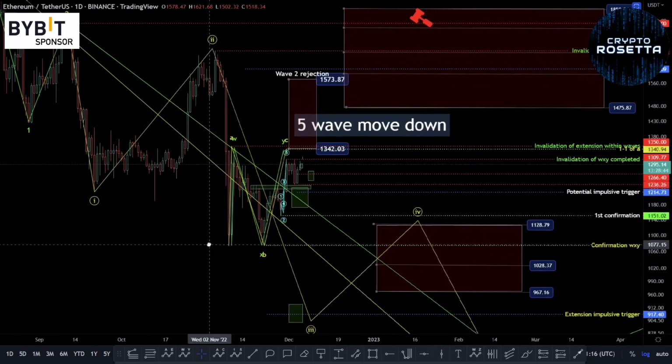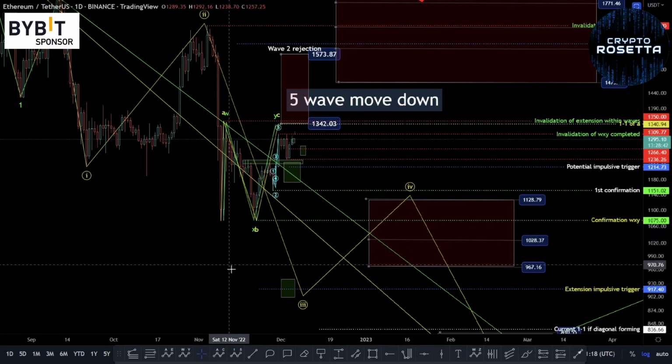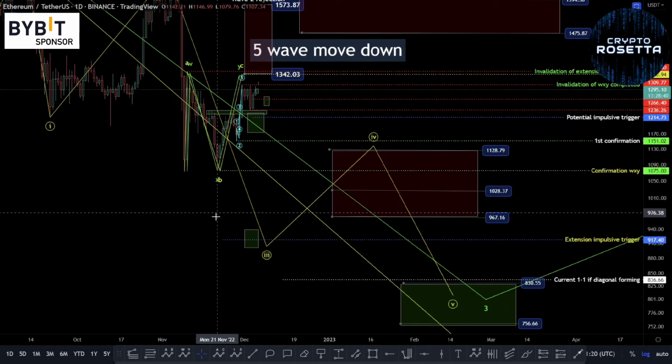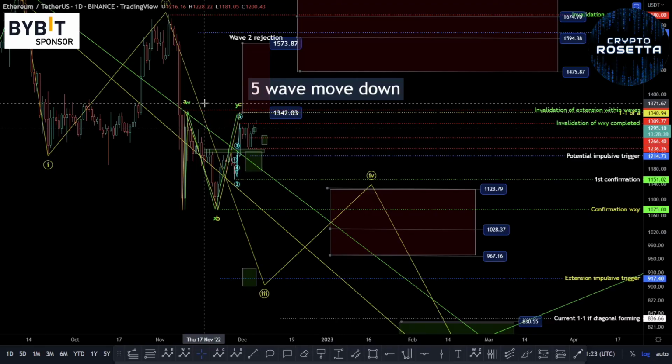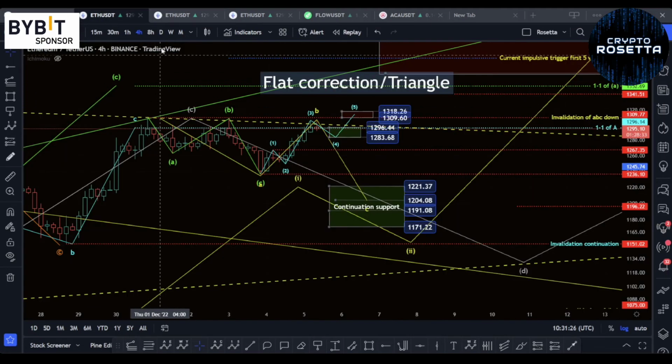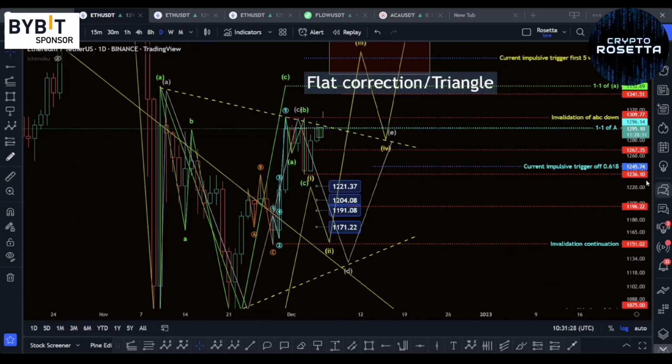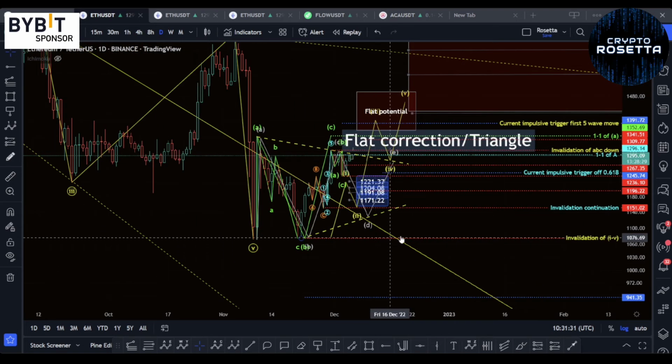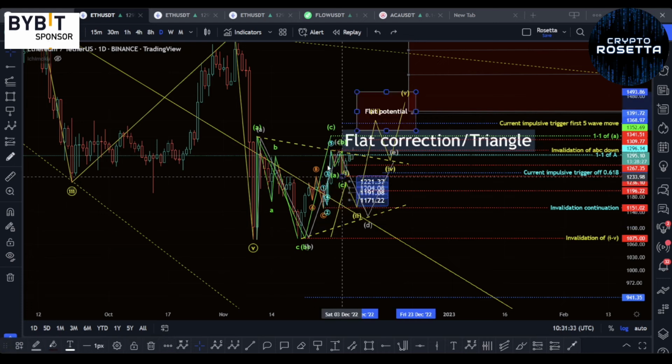So we could be seeing this end as a diagonal to end with, which I think is on, bear with me one second, I think that is on this option on the daily. And no, that's not the one.